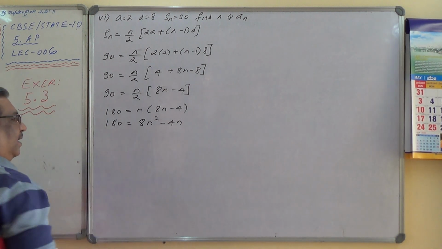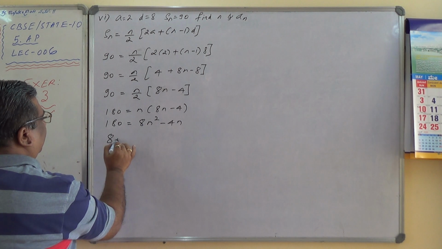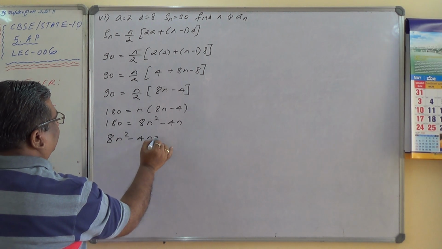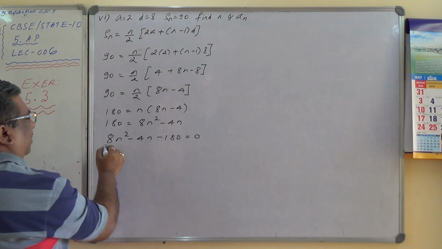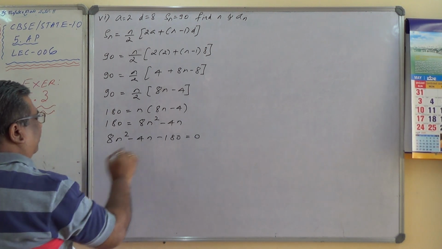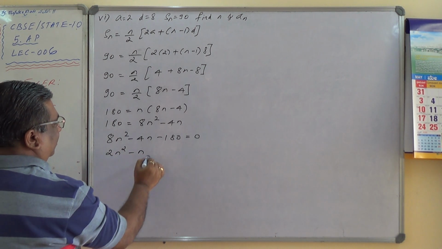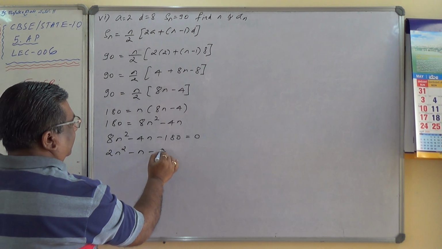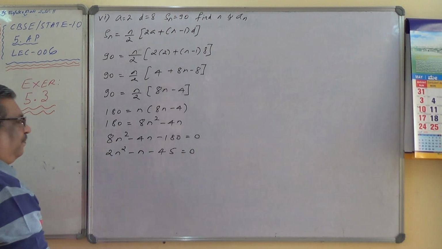I'll take 4 common, or first shift everything to one side. 8n square minus 4n minus 180 equals 0. Can I take 4 common? Possible. 2n square minus n minus 45. 4 4s are 16, 4 5s are 20.